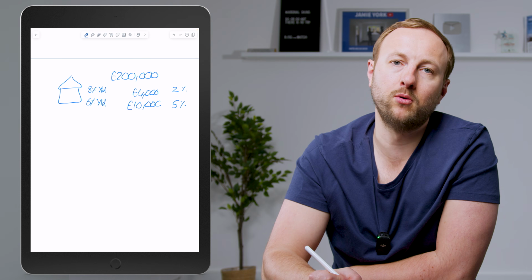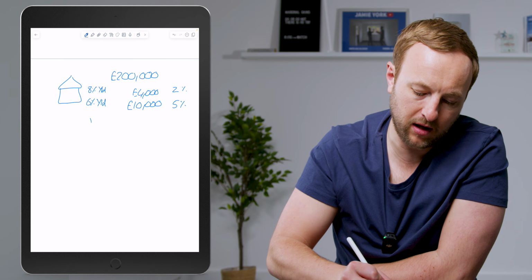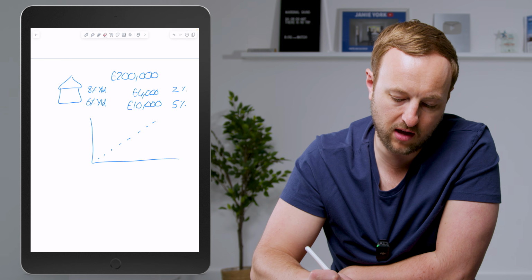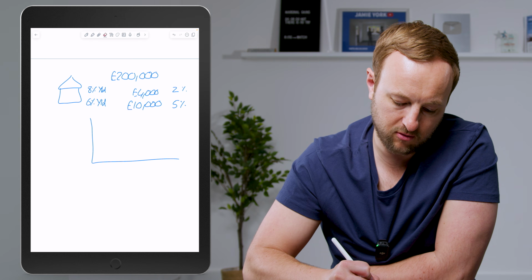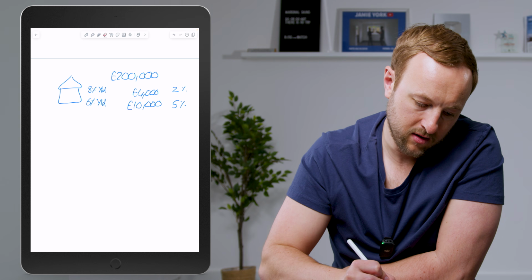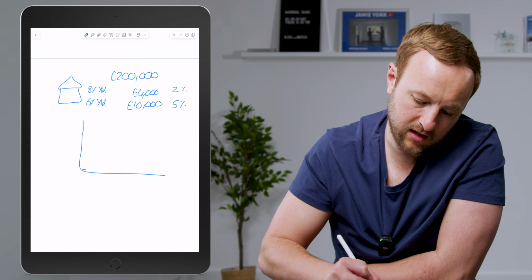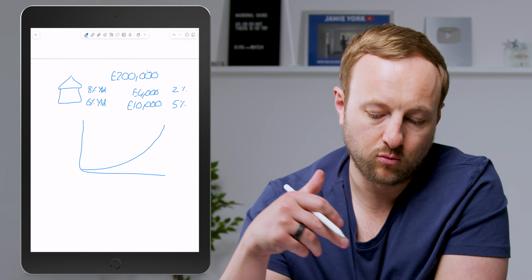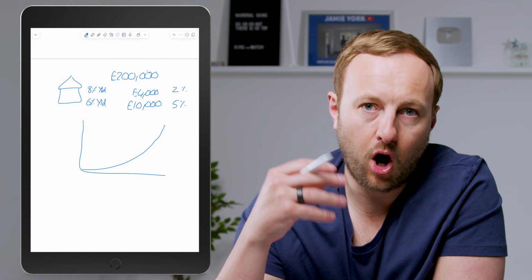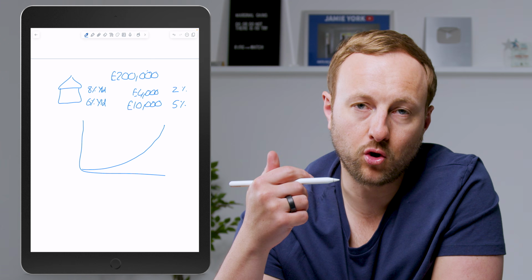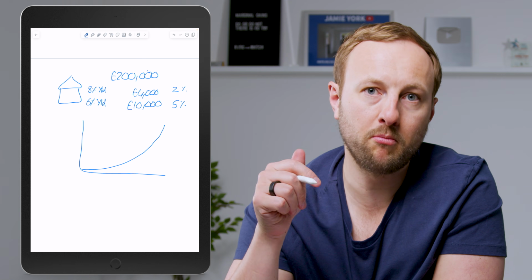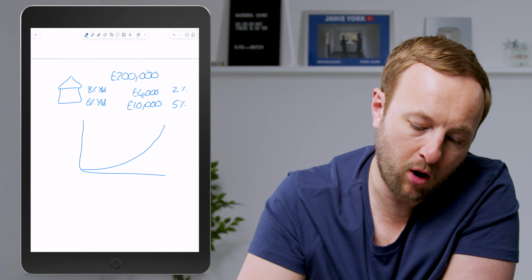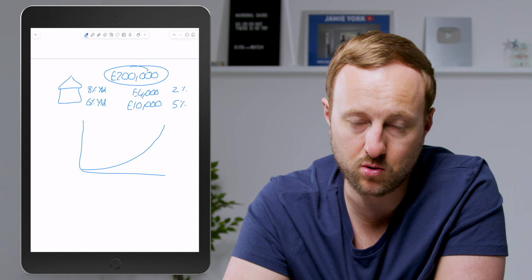And then what happens is over time it compounds. So growth is not linear, it's not this long line like that. Instead, it grows like this. So as we're going forward, it accelerates and we get this compound effect. And in general, if you can find a high demand area and you've got strong capital growth, you will make the most money, because you have to remember, when you're buying buy-to-lets, you're not going to buy it for £200,000 cash most of the time.